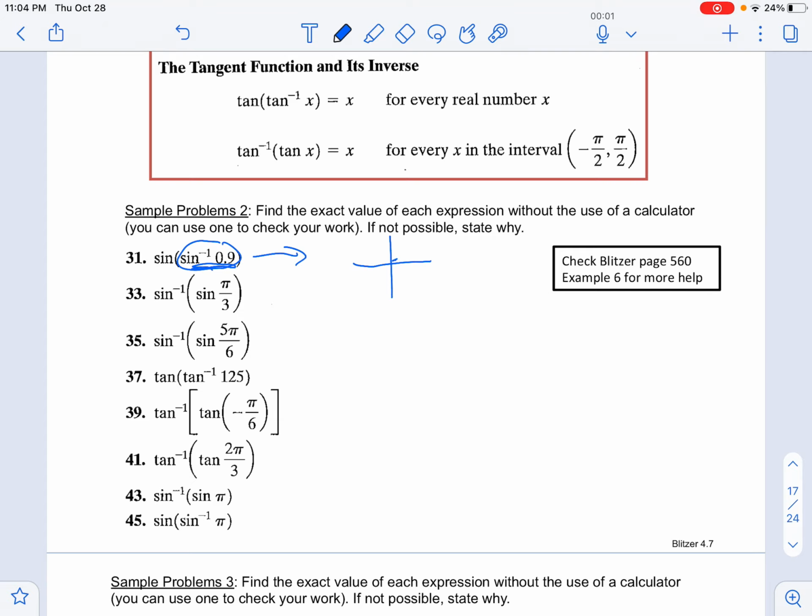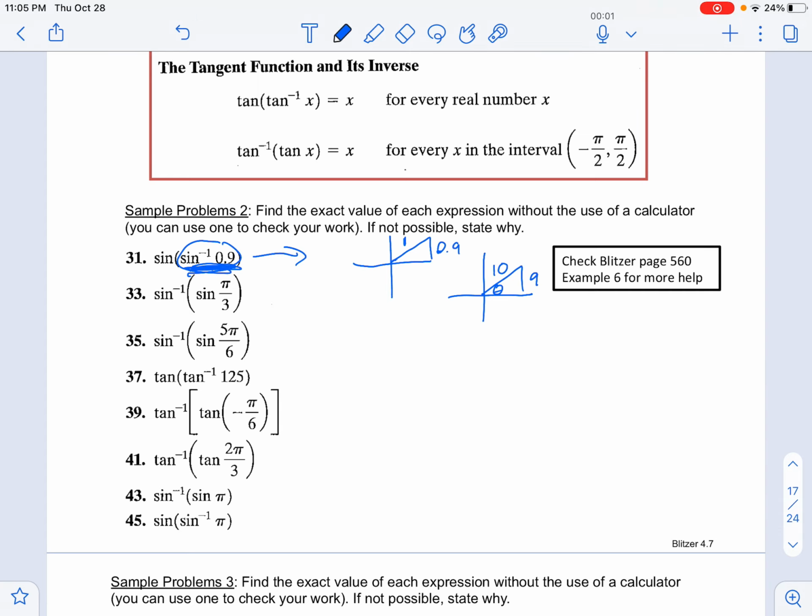And that triangle, again, not in a unit circle, would have a 0.9 here and 1 here, because that's the ratio they're giving me. Or you could claim that that triangle would maybe be a 9 here and a 10 here. That would be possible as well, but the ratio is basically 0.9. And this is the angle then we're referring to. So the answer to this question right here would be this angle.